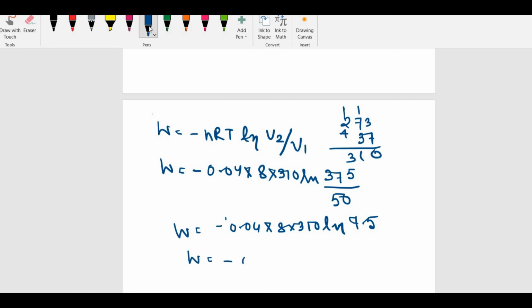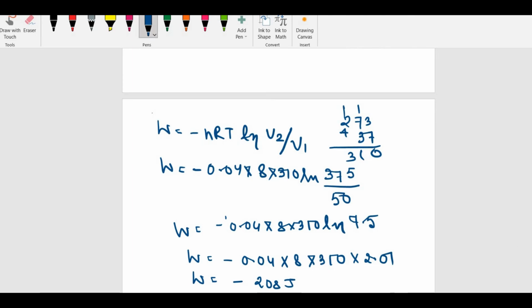That value is already mentioned to you in the question, right? So just substitute the value of ln 7.5, that is 2.01. So when we do the calculation, we would get minus 208. This should be your answer.